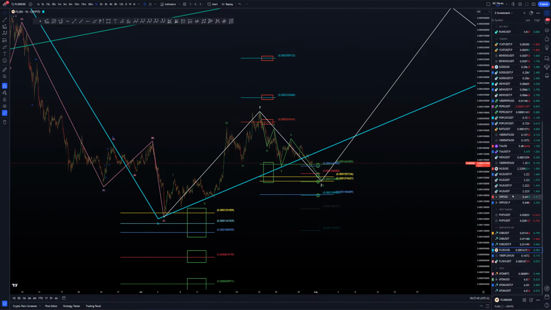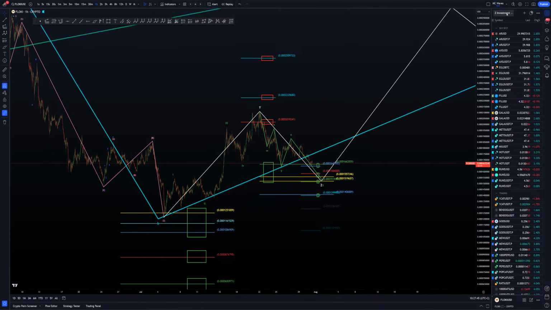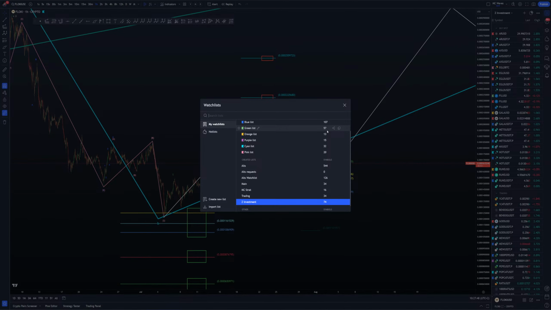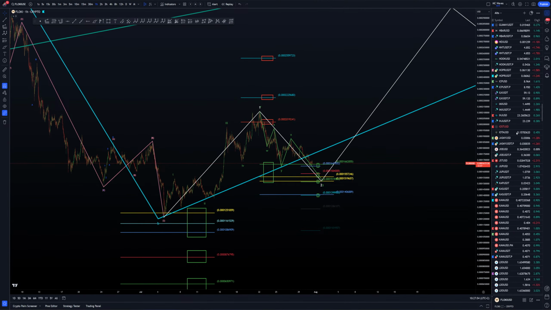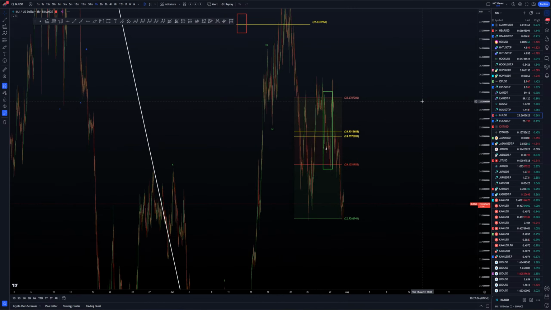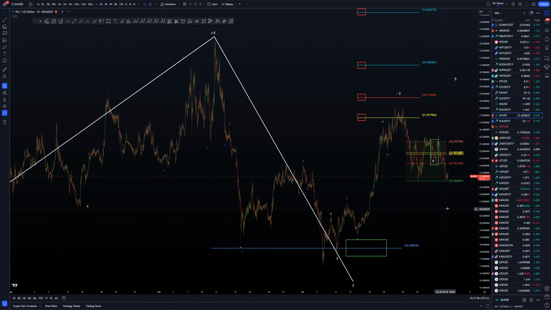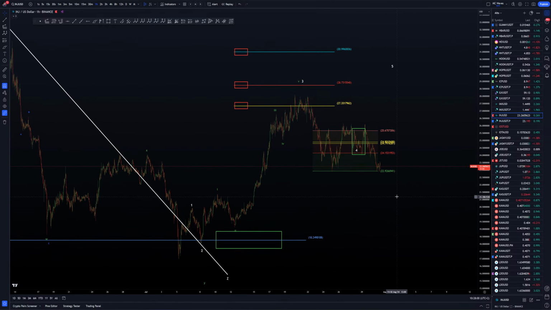Let's go in for ING now. I don't have this here. Alts, let's go in there. Alright, so what was the plan in this? We've got the wave 5.